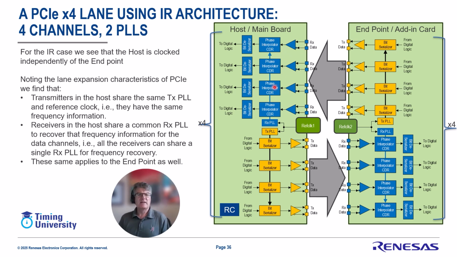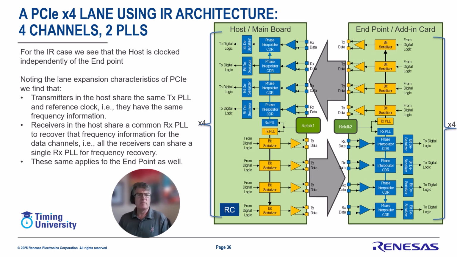So this is one of the benefits of the lane expansion characteristics of PCI Express. And then the transmitter is less critical in that all of the transmit channels easily share it. And then what I said about the host also applies to the endpoint.